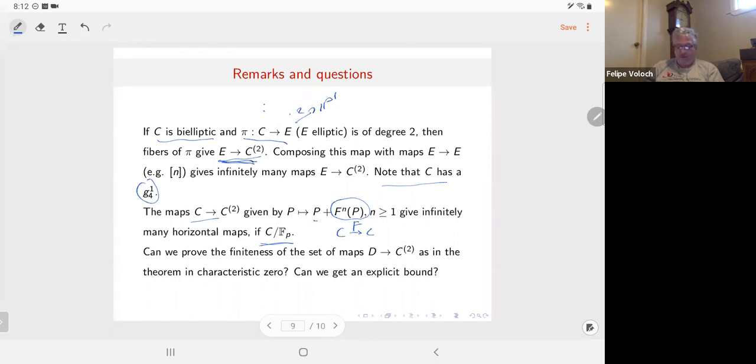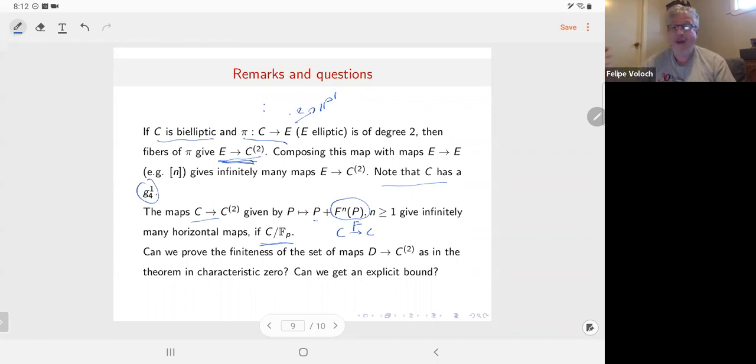So that's why I have to exclude the horizontal maps from the statement of the theorem. These are the remarks I wanted to make. So it shows that my assumptions are really necessary.